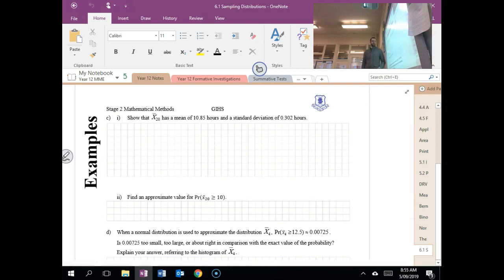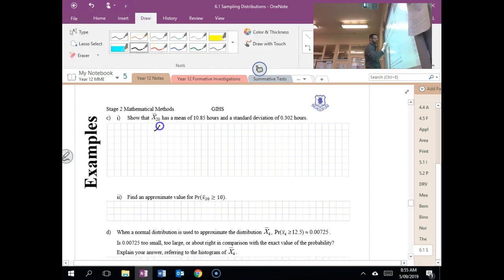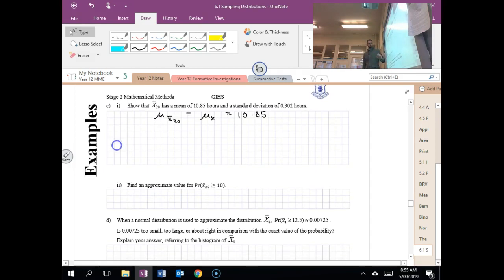So they say, show that x bar 20 has a mean of 10.85 and a standard deviation of 0.302 hours. So, mu, I'm going in black, mu of x bar 20 is equal to mu of x. And we saw that mu of x was just 10.85. So mu of x bar 20 is just mu of x, which is 10.85 hours.